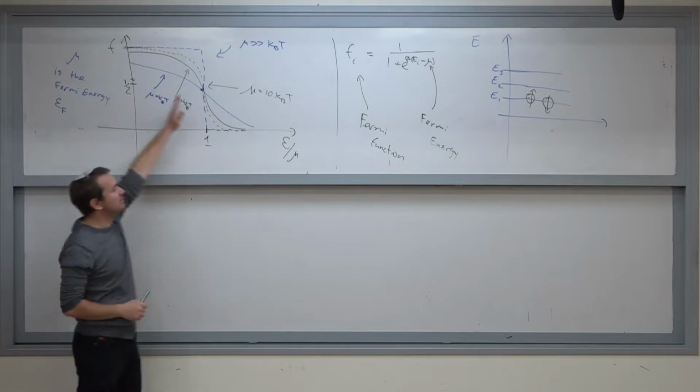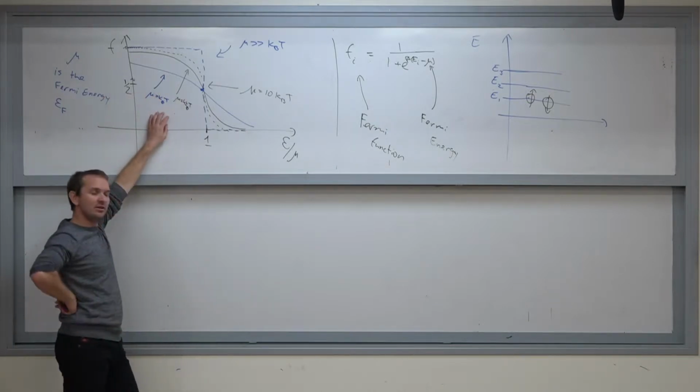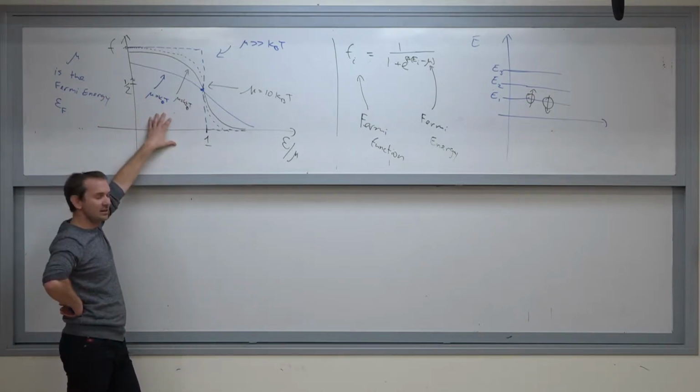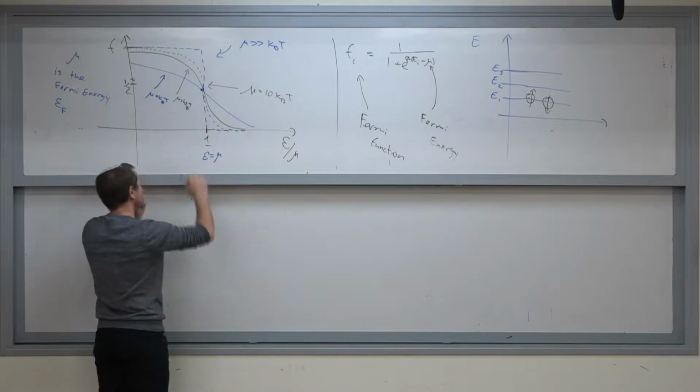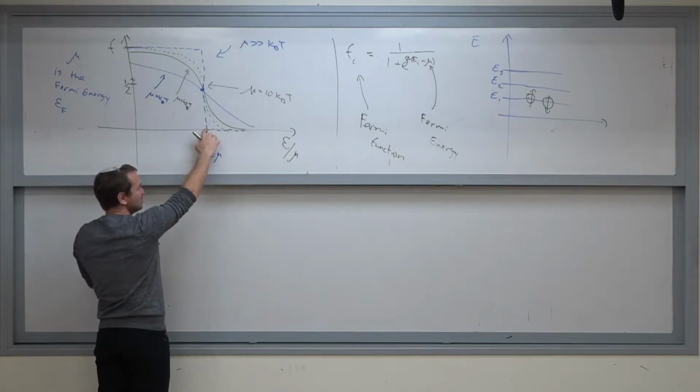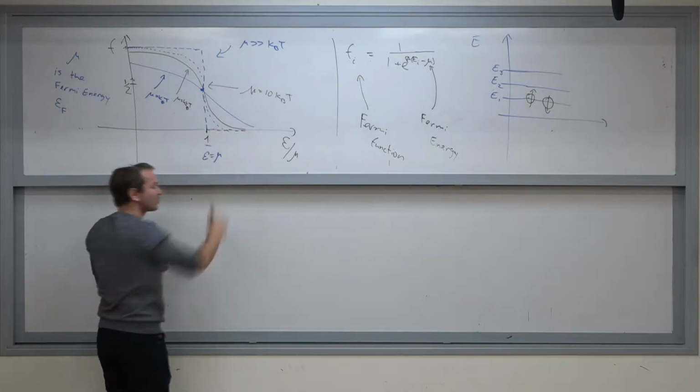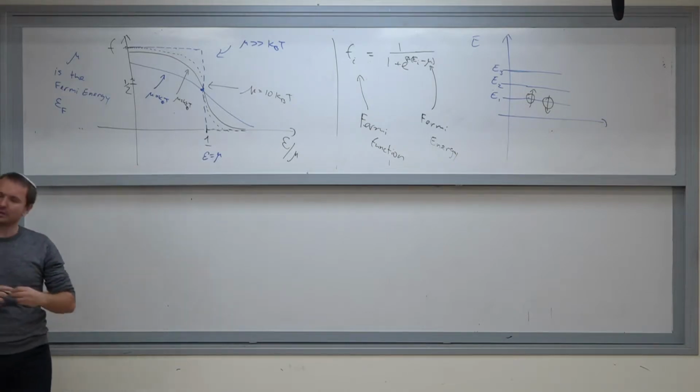This is this step function: 1 for anywhere inside the range from epsilon equals 0 to epsilon equals mu, and 0 for any other energies.